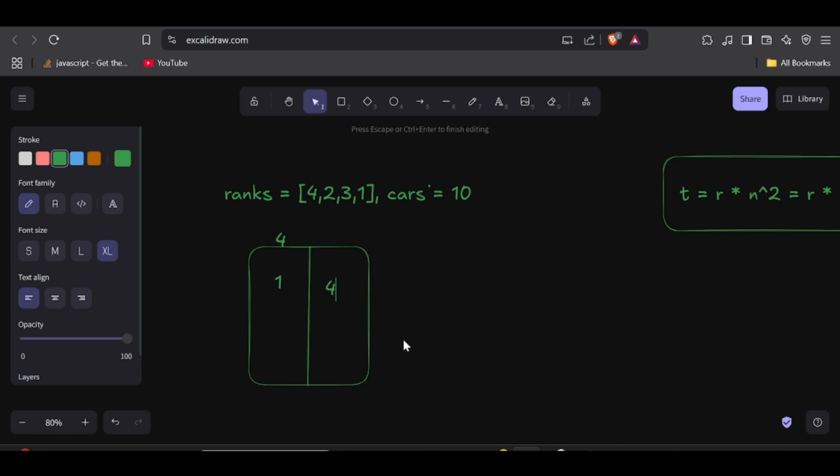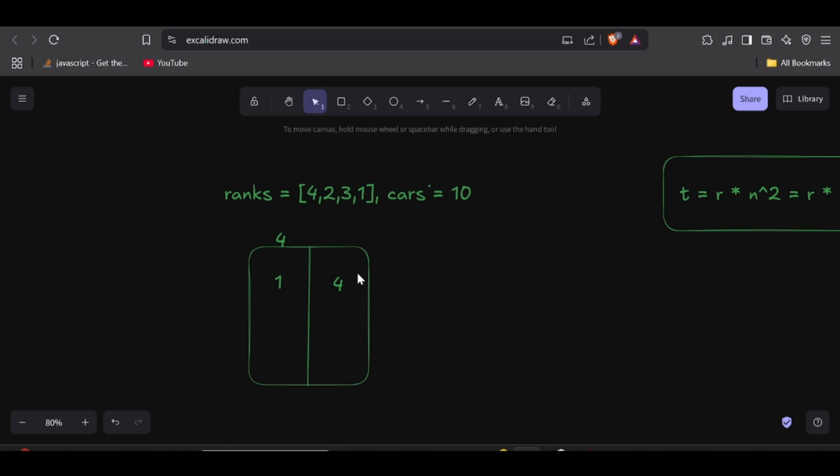What is the value of R? That is 4 into N into N. In this case, N is 1, it is repairing one car. So 1 into 1 is 1, and it will be equal to 4 only. So it means this mechanic in 4 minutes will repair one car.